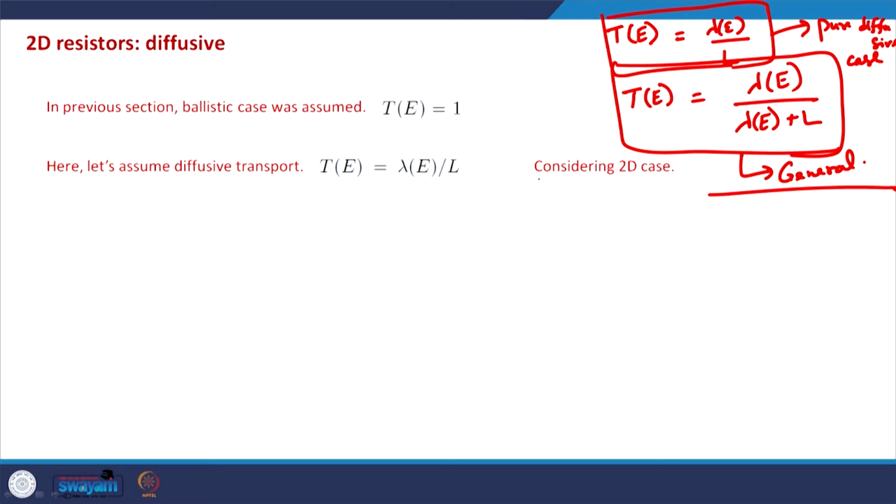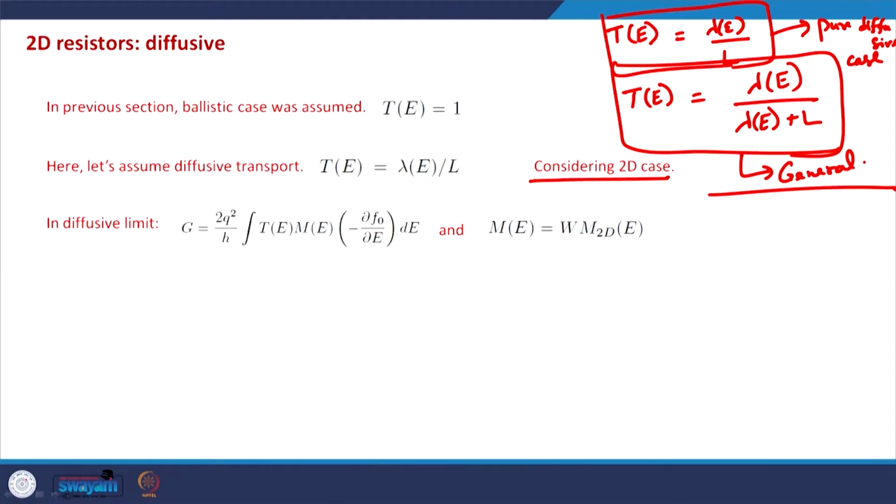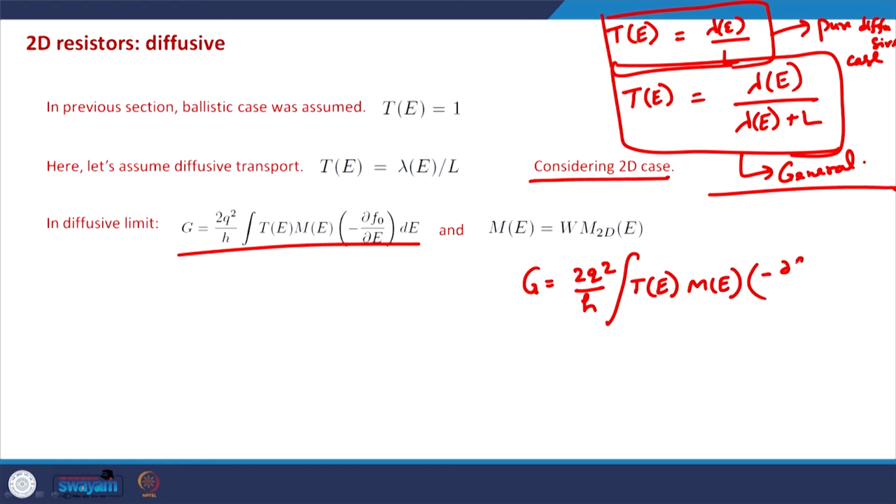Again, we take the channel to be a 2D channel for the sake of simplicity to visualize transport, and there is also some simplicity in calculations as well. The starting point, like always for us, is this expression: the conductance is 2q squared by h, integral of T(E) M(E) times minus del f by del E, dE.